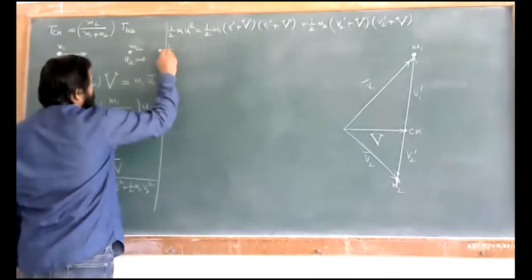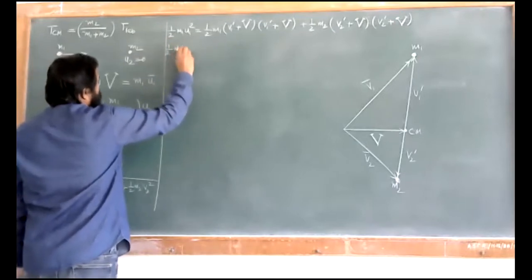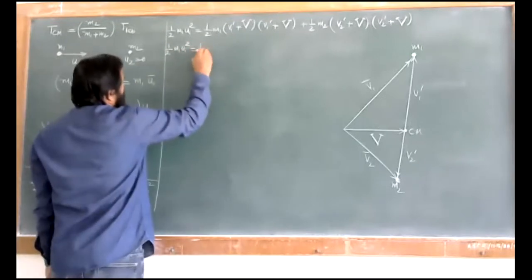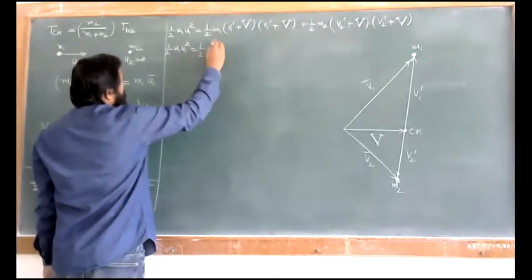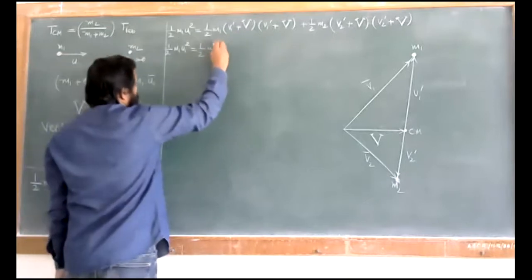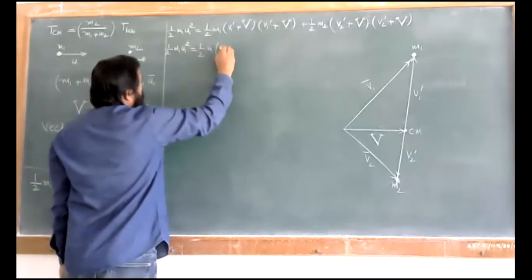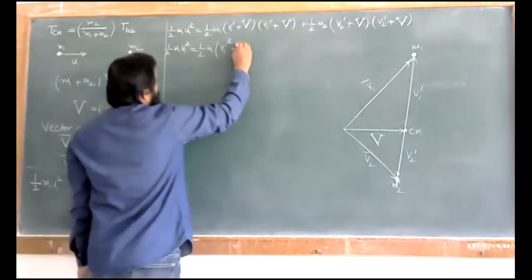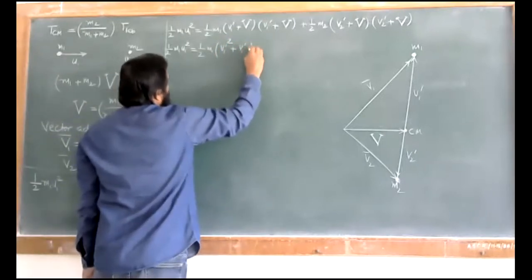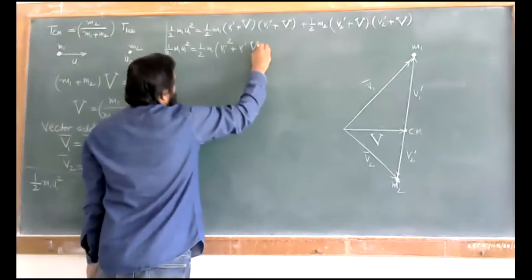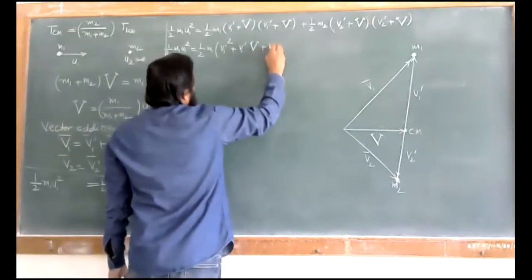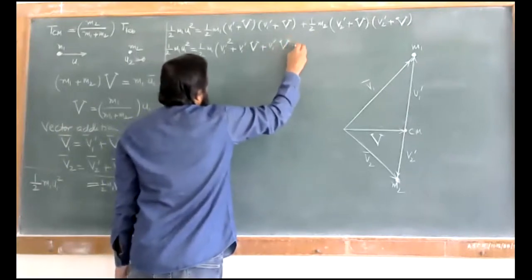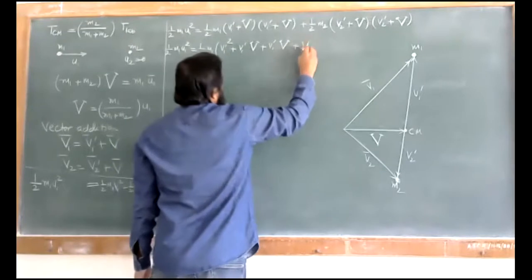Now we'll have to solve it and have a look at the final result. This is 1 half m1 u1 square, which is equal to 1 half m1 times the multiplication of this: v1 dash square plus v1 dash into capital V plus v1 dash into capital V plus V square.